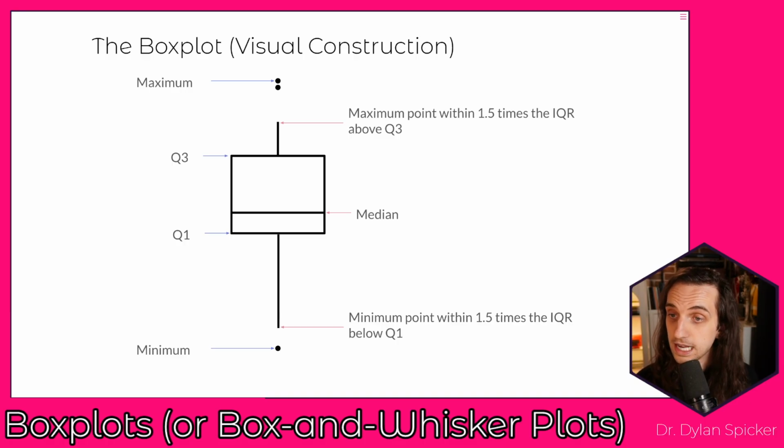And so then looking at this, we can measure out the maximum by looking for the largest point. If there were no points drawn above, then we know the maximum is actually at the end of our whisker, right? We have our Q3, our median, and our Q1. We then also have our minimum point. So a measure of the variability is going to be given by how wide is this box, or alternatively, how wide is the total range that we're seeing here, right?